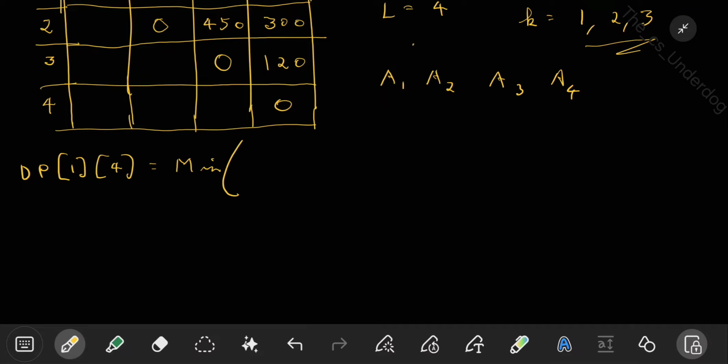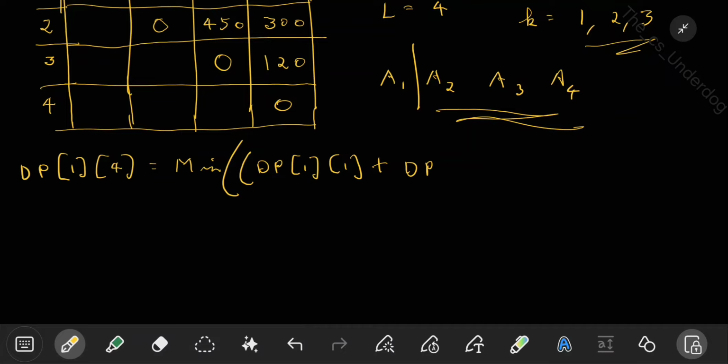First thing is that split is at 1. So if split is at 1, first part will be dp of 1, 1 plus second part will be dp of 2, 4. From 2 till 4. That is what 2, 4 means. dp 2, 4 plus third part is about scalar multiplications.